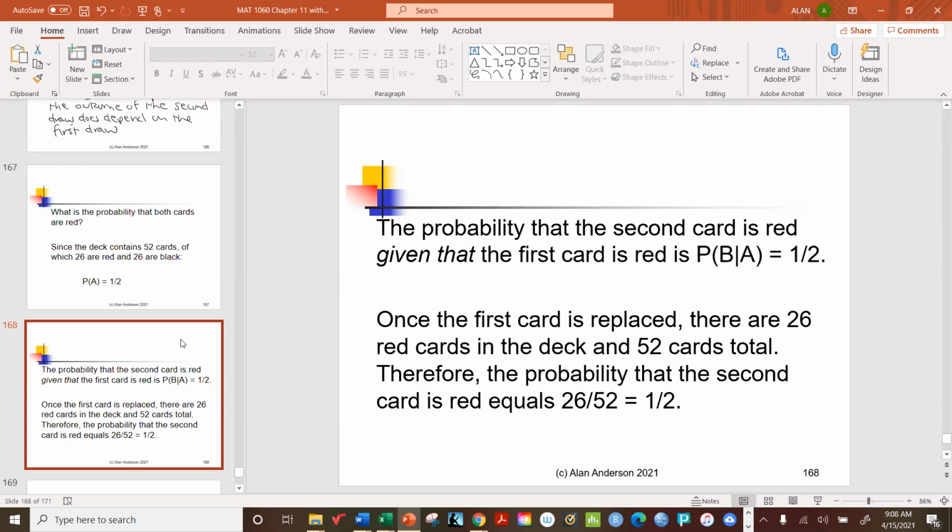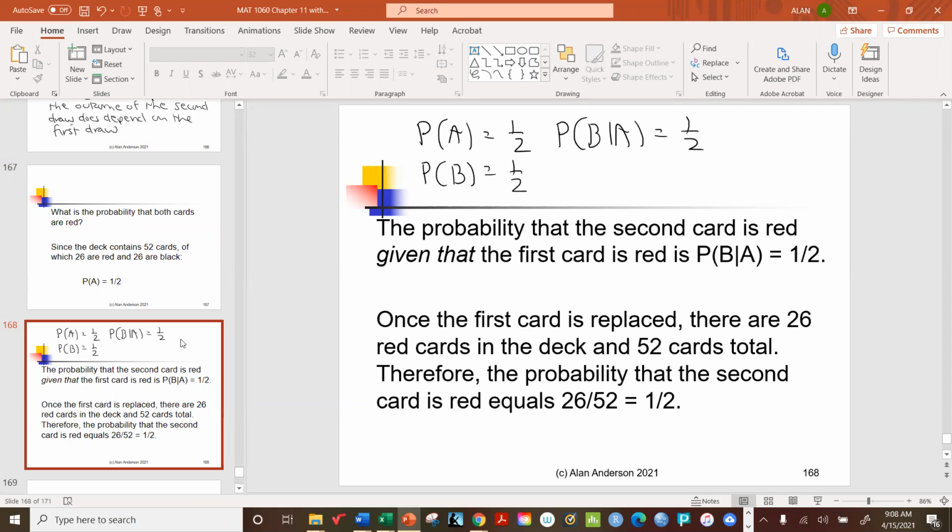So what you can claim then is that the probability of A is 1/2, the probability of B is 1/2, but furthermore, the probability of B given A is also 1/2, because the fact that the first card was put back means that whether A is red or not, the probability of B, the second card being red, is still 1/2.